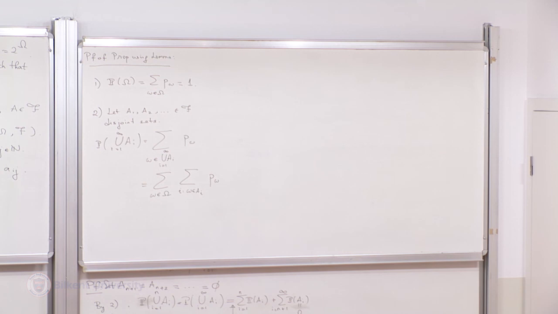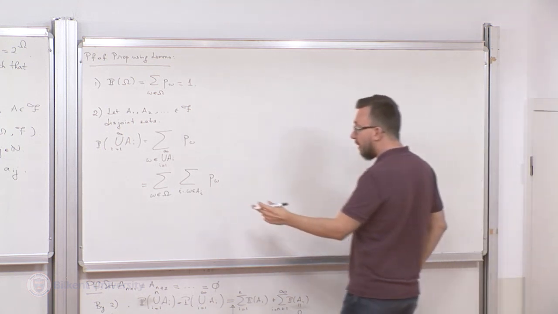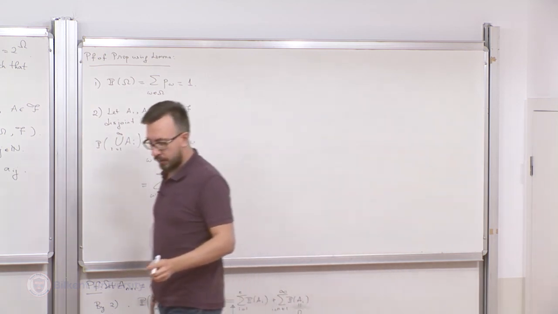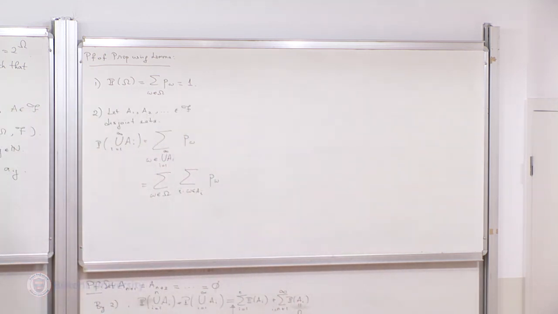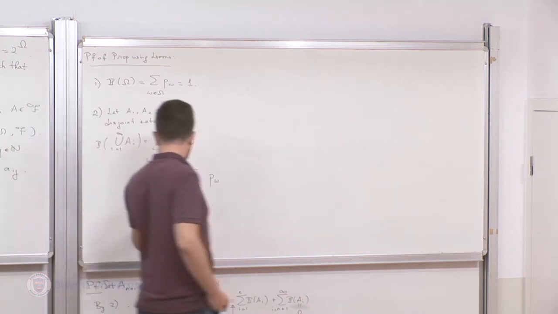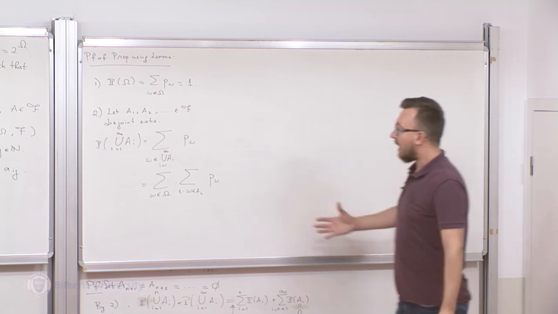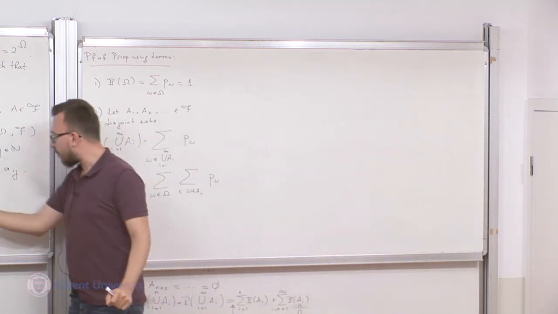If omega is in A1, it cannot be in A2, A3, etc. So this statement is going to hold true for only one of those i's. Well, these are both countable sums, and if I apply my lemma, I can switch the order.